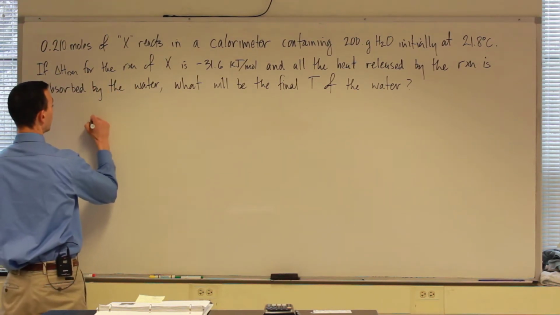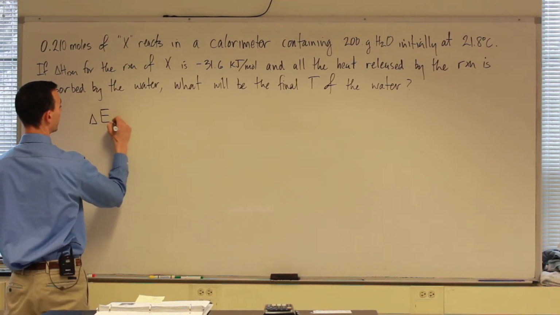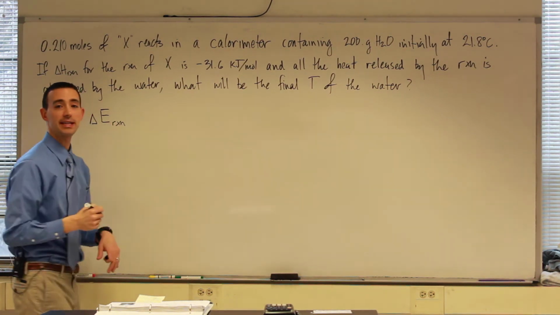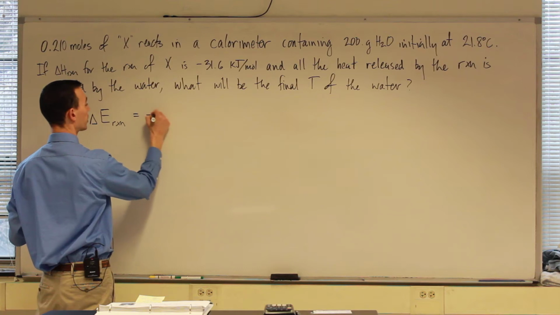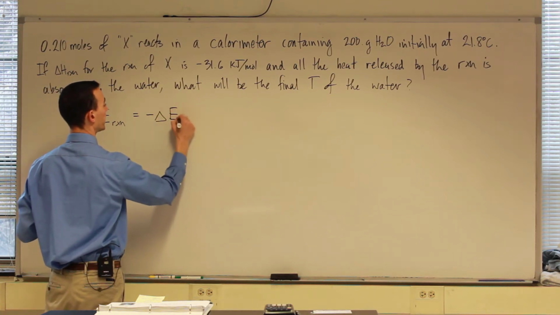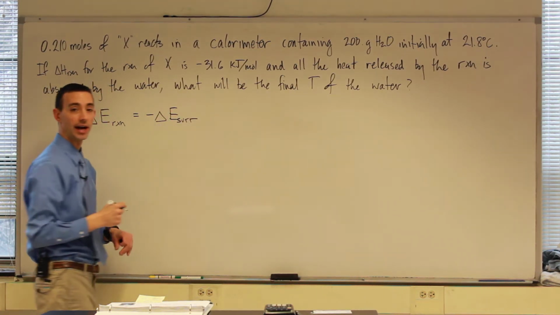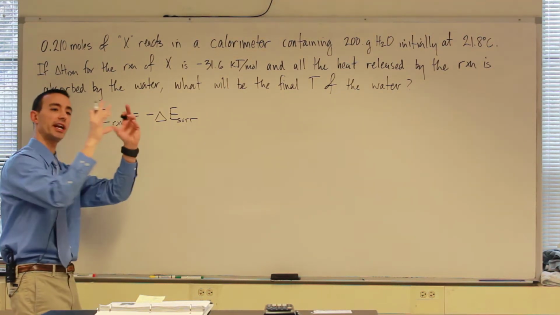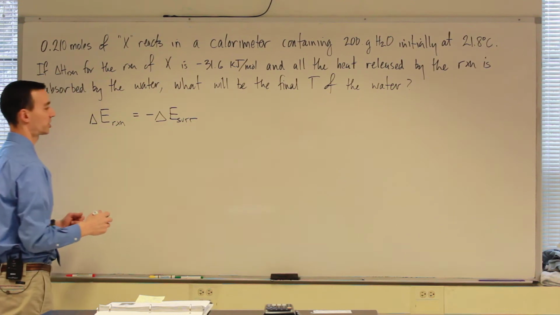So here again, we have two things together. Instead of saying a system this time, though, we might say that the energy change of the reaction is equal and opposite to the energy change of its surroundings. Just like I started the last example, but replacing the generic system with a reaction now.